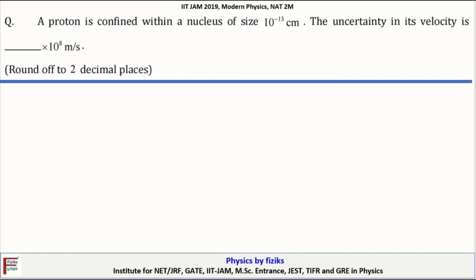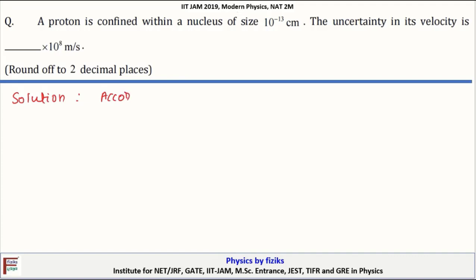A proton is confined within a nucleus of size 10 to the power minus 13 cm. The uncertainty in its velocity is, into 10 to the power 8 meter per second. Solution.